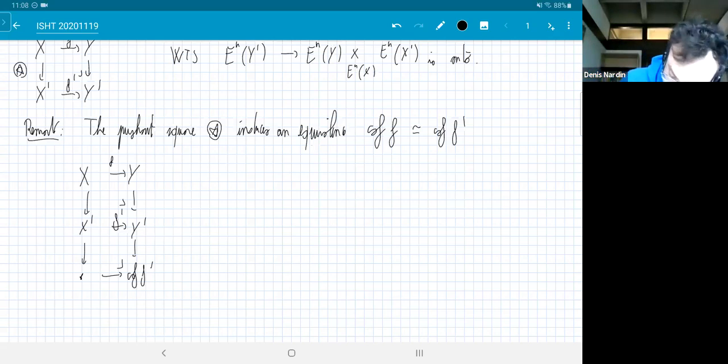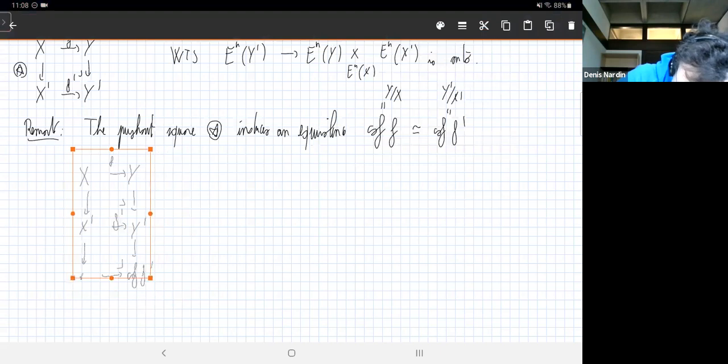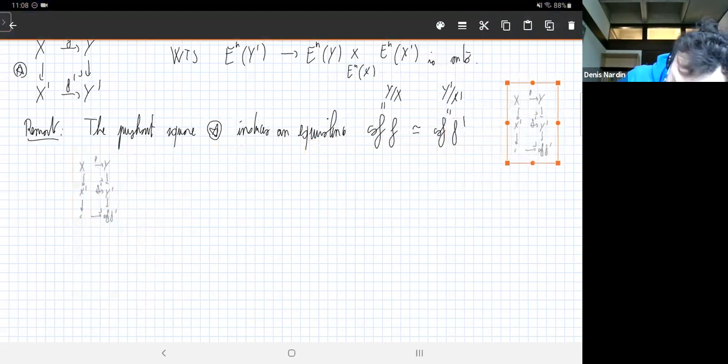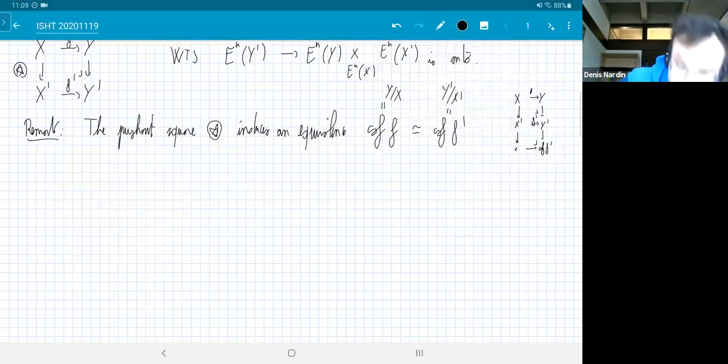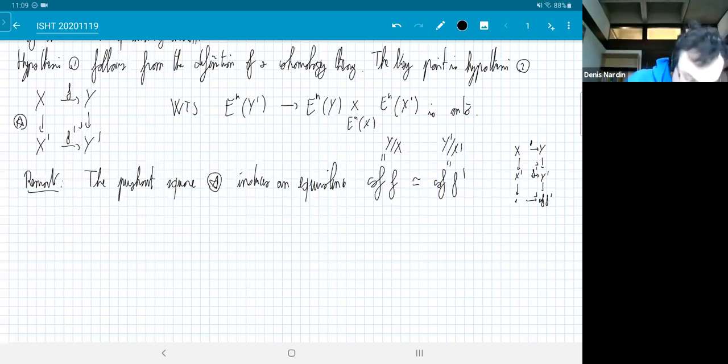Okay, so let me give a name to these guys. We call them Y mod X and Y prime mod X prime. Let me make this small in a corner because I don't want to have it here. So now we can write the two long exact sequences. We have En of Y prime mod X prime. This is going to be the long exact sequence for F prime.